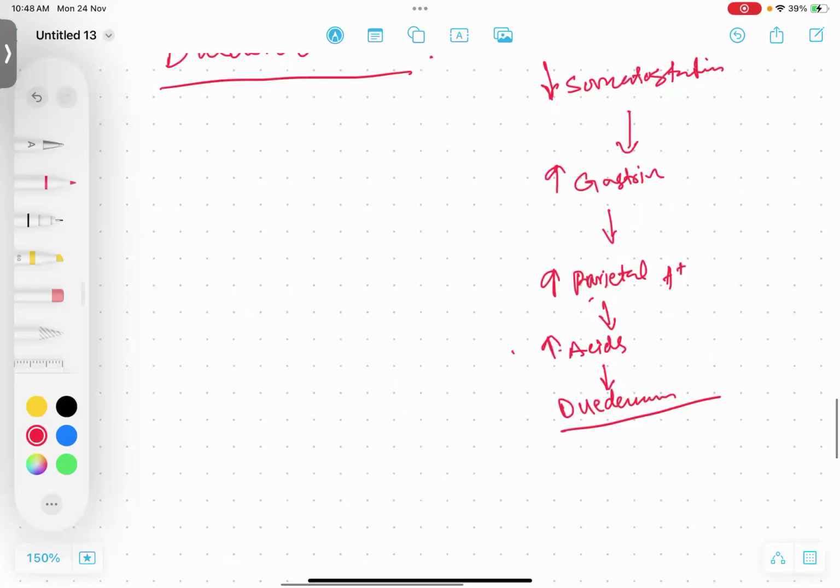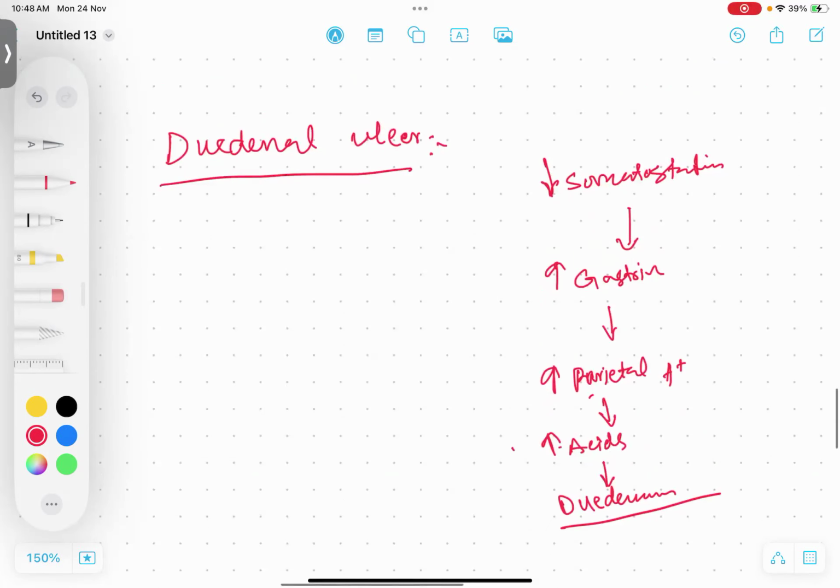There is no coating mucosa. So it will produce duodenal ulcer, right? So this is the mechanism of pathogenesis of duodenal ulcer, right?